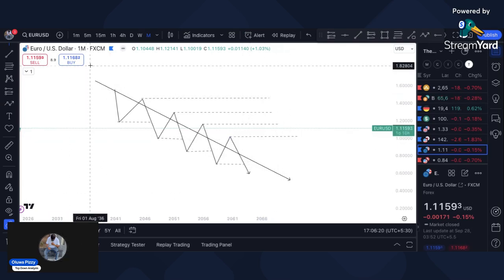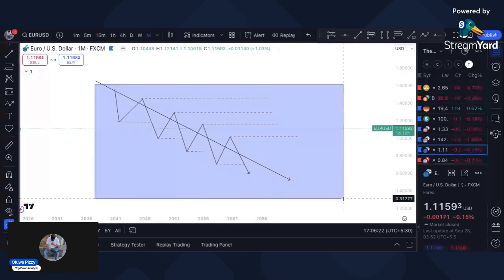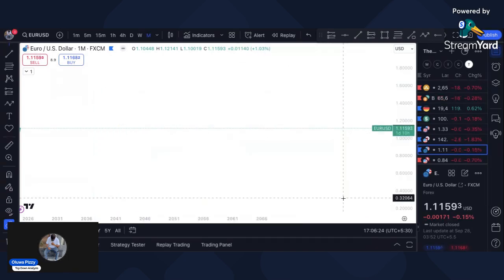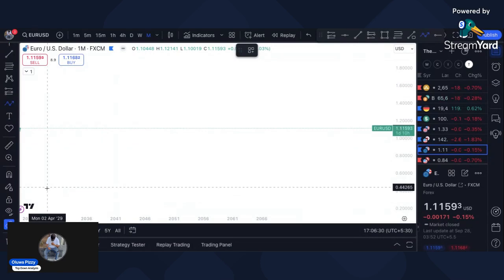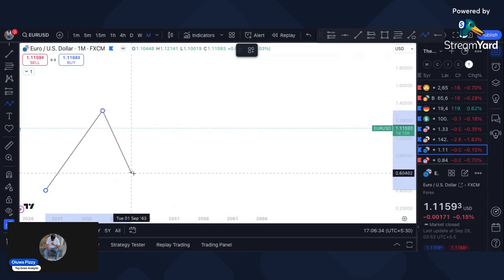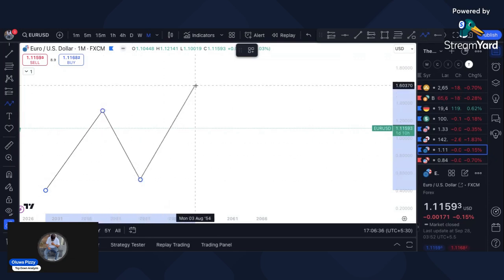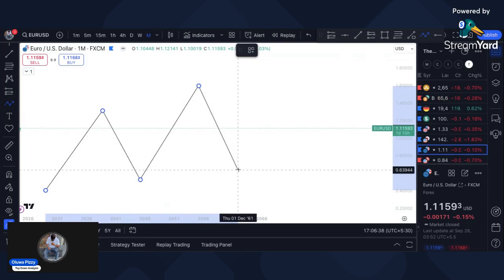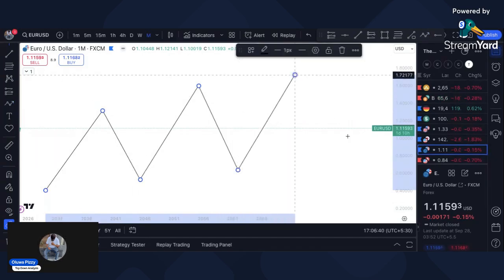So right now, I believe you guys already understand what I'm trying to do. If in an uptrend, let's say this is just a monthly time frame, this is a high and this is a low, this is a higher high and this is a lower low, and this is a higher high.